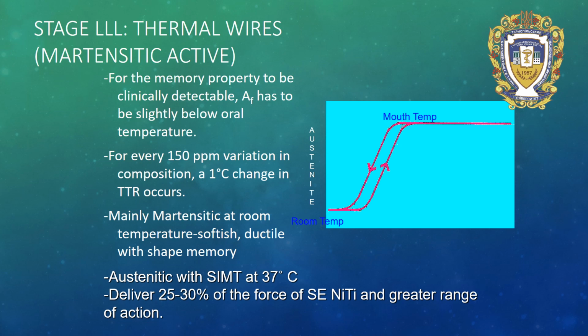For every 150 ppm variation in composition, a 1 degree Celsius change in TTR occurs. Mainly martensitic at room temperature, soft, ductile with shape memory.